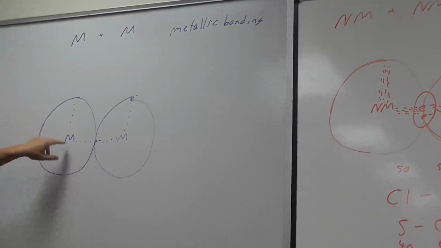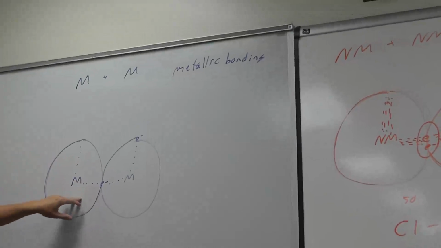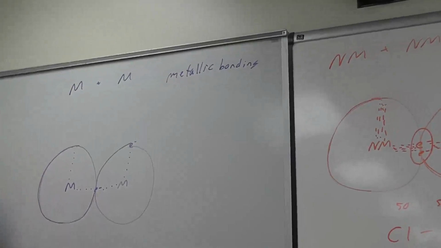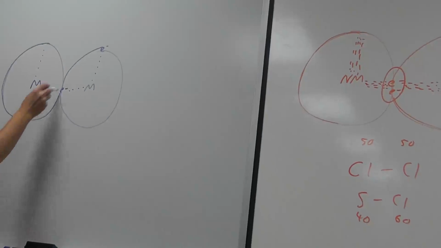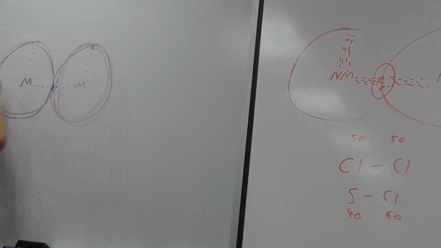It's not that the other atom is trying to steal it away. There's not much force there at all. So it just kind of drifts. And maybe it'll stay over here, or maybe it'll wander over there. And maybe it'll stay over there for a while, and then it'll go back.